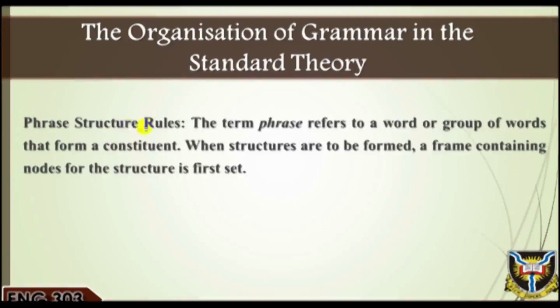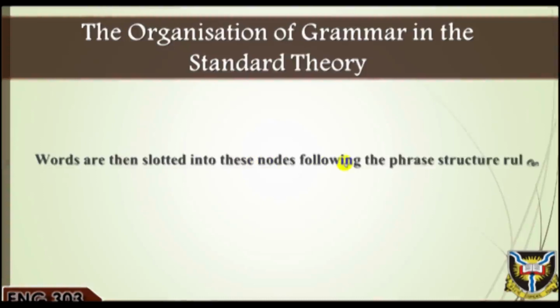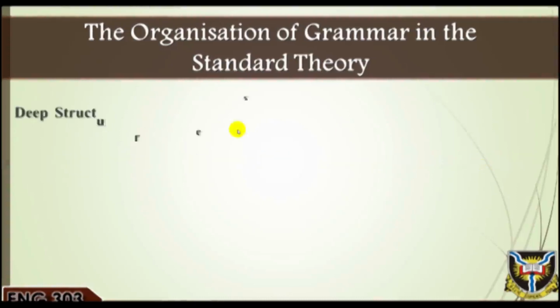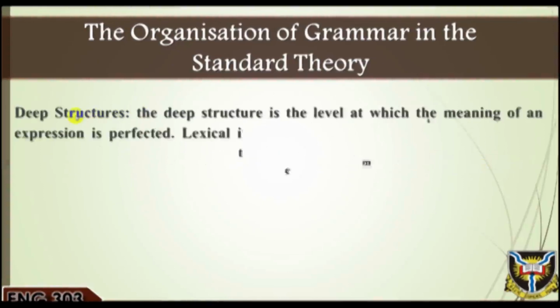Phrase structure rules. The term phrase refers to a word or group of words that form a constituent. When structures are to be formed, a frame containing nodes for the structure is first set. Words are then slotted into these nodes following the phrase structure rules. These rules ensure that appropriate words are put in appropriate nodes.